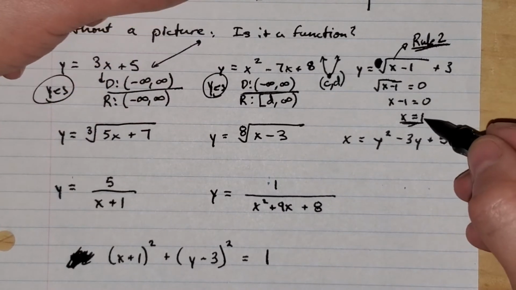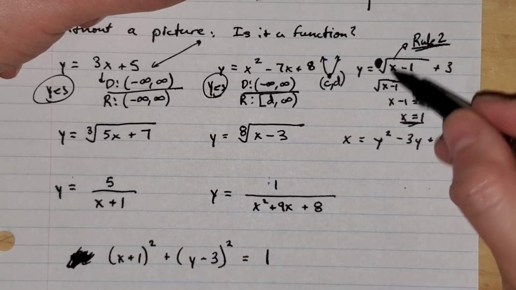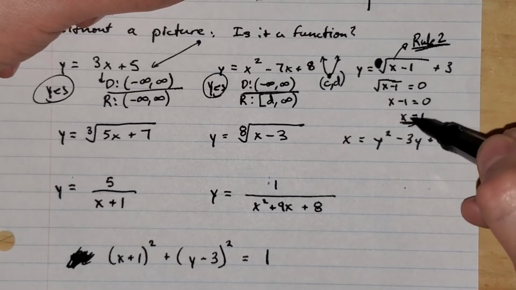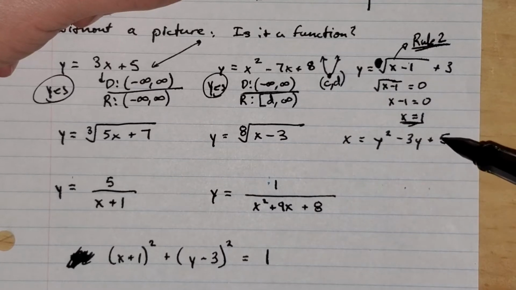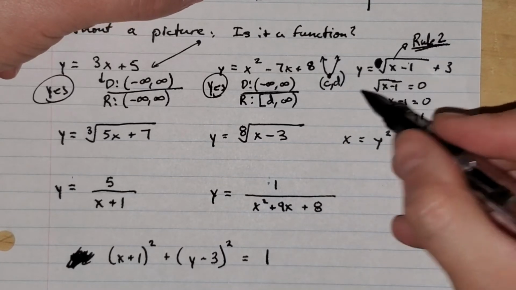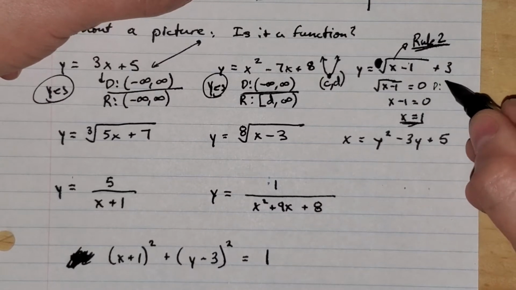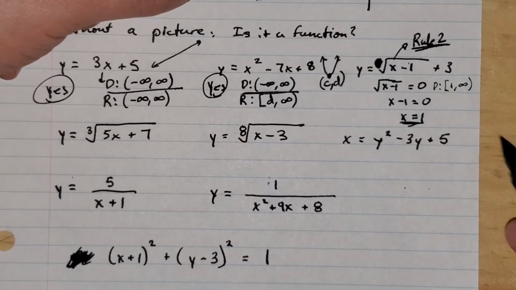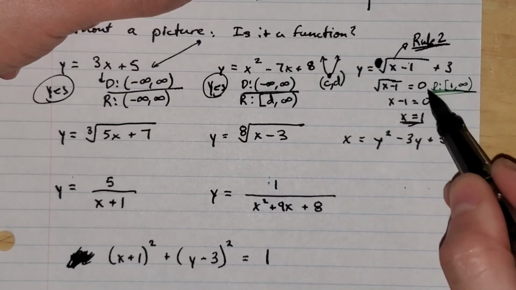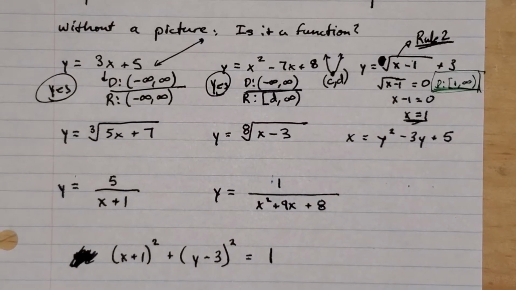So what do we know? If I plug in a 1, what's 1 minus 1? It's 0. Anything less than that is going to give me a negative number under here. So here's what we say. Our domain must be 1 to infinity. And again, to find range, a lot of times you do have to have a picture.